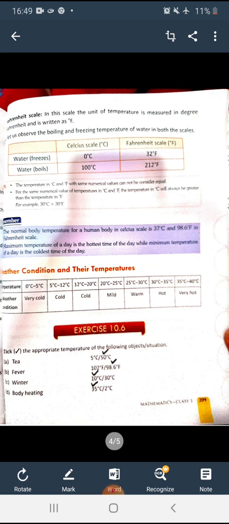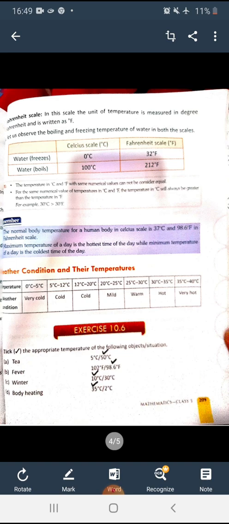So the maximum temperature of a day is the hottest time, while the minimum temperature of a day is the coldest time of the day. So here weather conditions and their temperatures are given. Temperature 0 degree Celsius to 5 degree, 5 to 12, 12 to 20, 20 to 25, 25 to 30, 30 to 35 and 35 to 40.